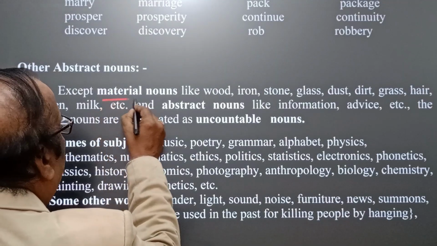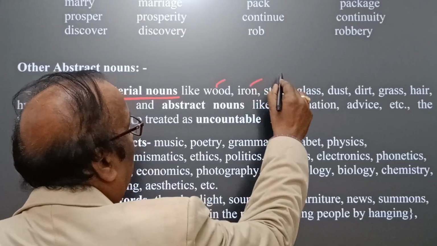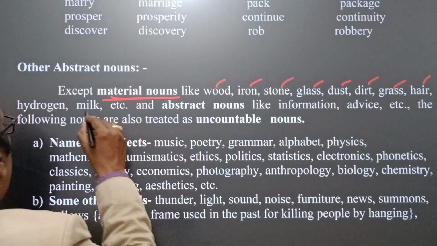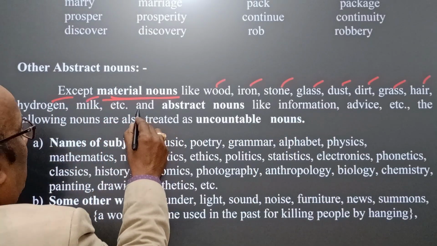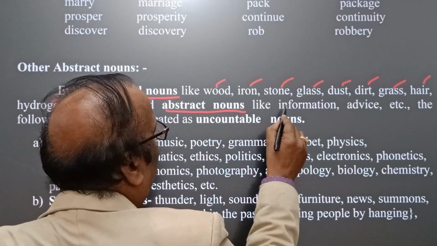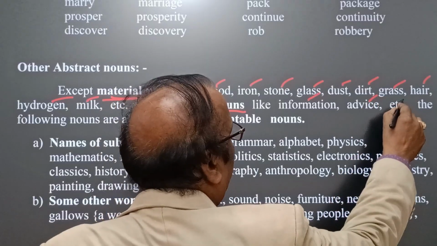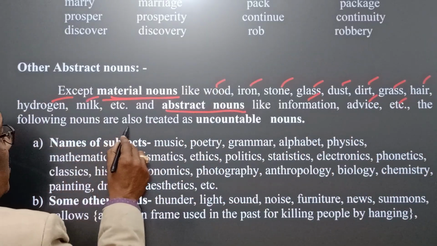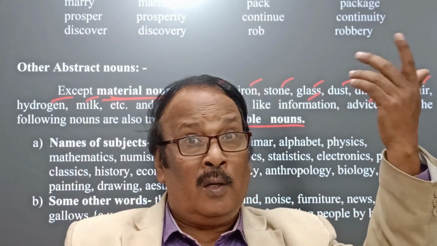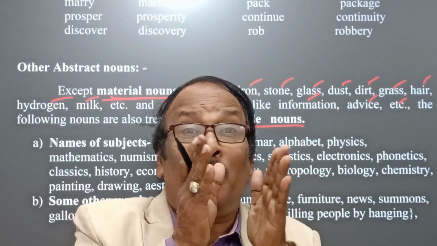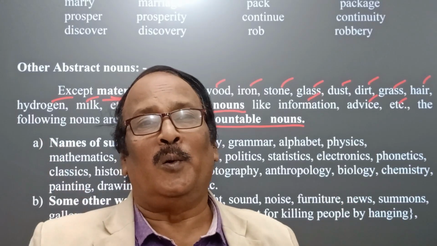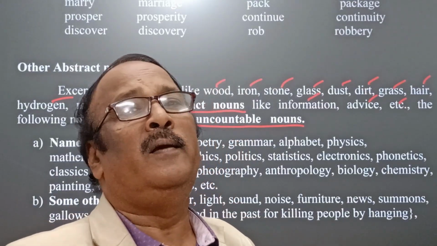Yes, except material nouns like wood, iron, stone, glass, dust, dirt, grass, air, hydrogen, milk, etc. And abstract nouns like information, advice, etc. The following nouns are also treated as uncountable nouns. In the subsequent classes, we will discuss the difference between countable nouns and uncountable nouns. This is also a very interesting chapter.